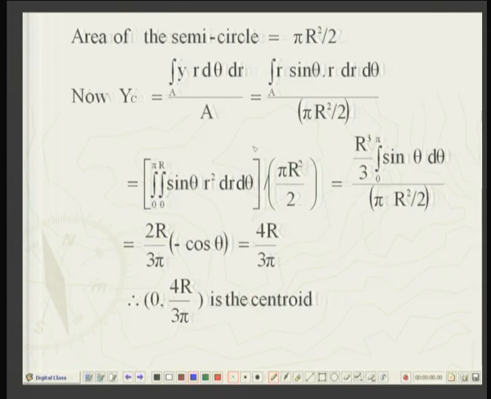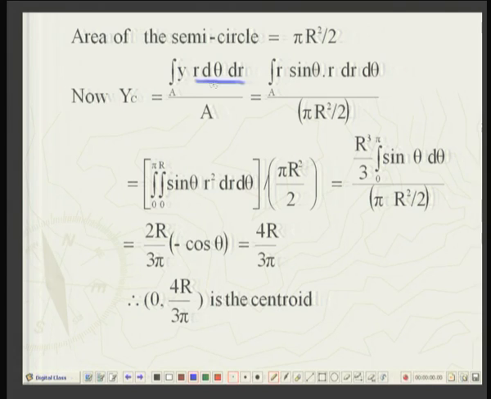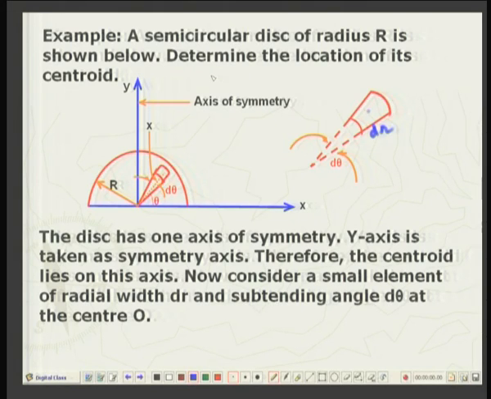So, the semicircle will be pi r square by 2, and then to determine yc we want to determine this: r d theta dr is the area of this shape, okay, into y, because y is the height, sorry, this height is y, okay, this height is y.